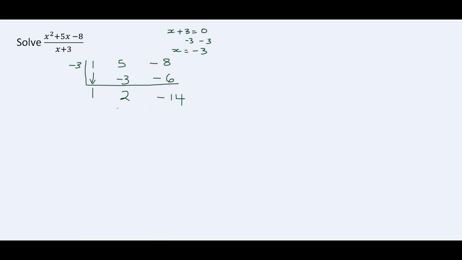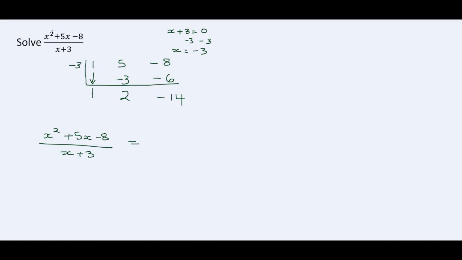So now let's interpret this answer here. What this is telling us is that when we have x squared plus 5x minus 8 divided by x plus 3, now our answers are always going to start from a lower exponent.